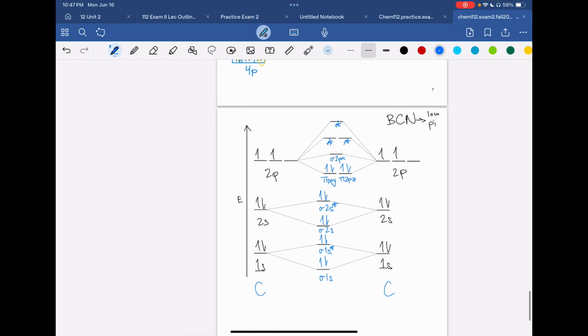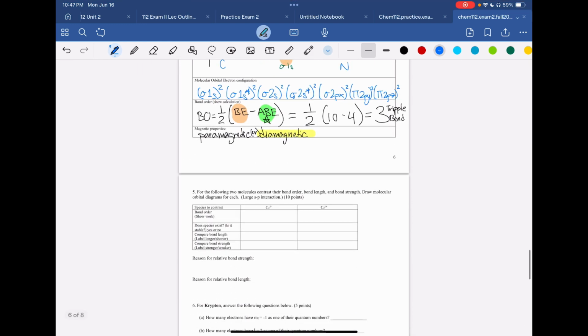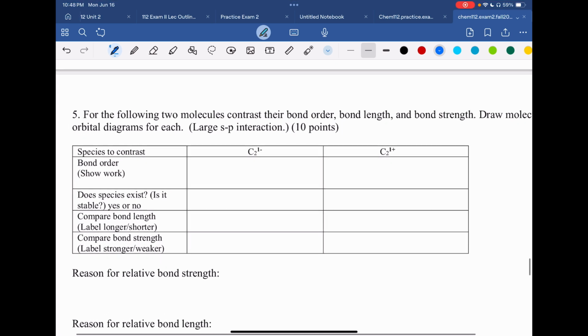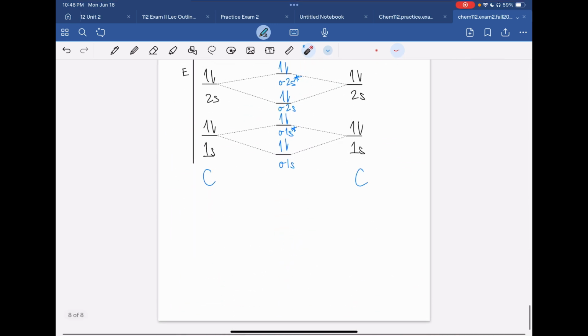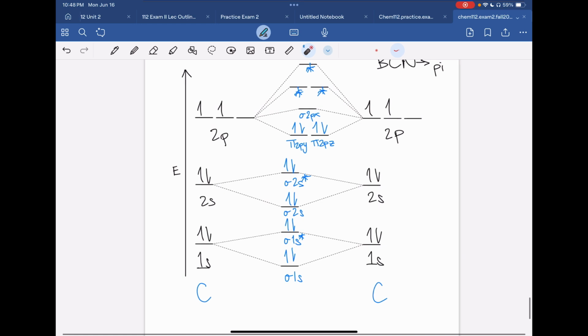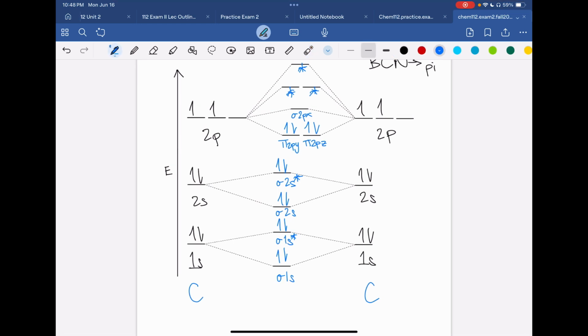So you're comparing and contrasting between one of the carbons gaining an electron and the other one losing an electron. If one of the carbons gains an electron, it goes up like this.